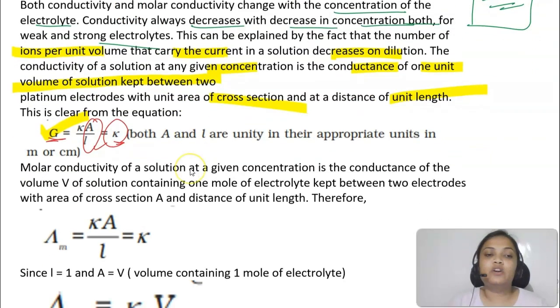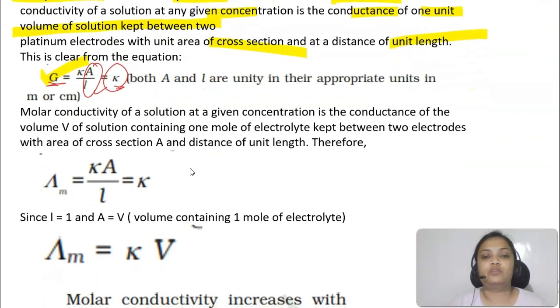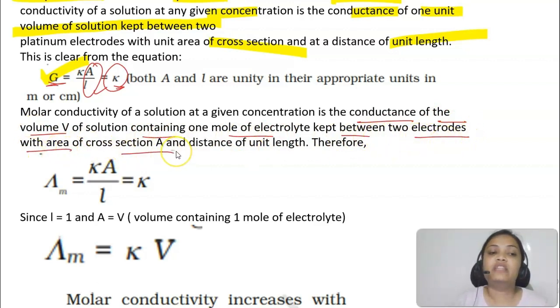Now if I talk about the molar conductivity of the solution, I told you it is dependent on the concentration. It is actually the conductance of the volume V of a solution containing 1 mole of electrolyte kept between 2 electrodes with area of cross section A and distance of unit length. So if 1 mole of electrolyte is present in volume V of the solution, whatever conductance is there will be equal to the conductivity of the solution.